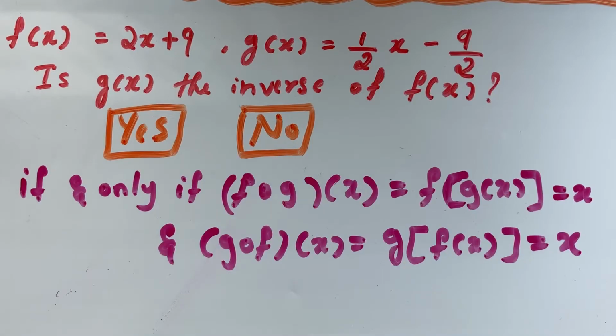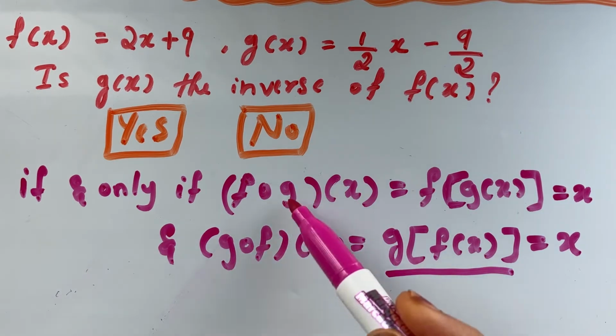Functions f of x and g of x are called inverse functions if and only if f composition g of x, that is f of g of x, is equal to x, and g composition f of x, which is g of f of x, is also equal to x.